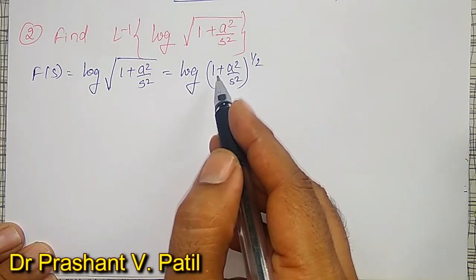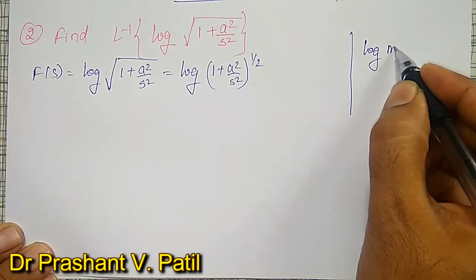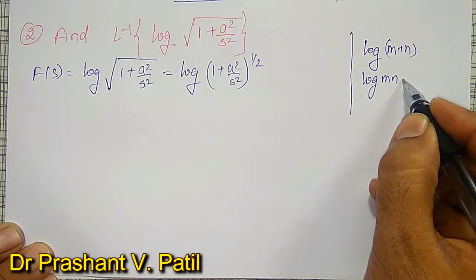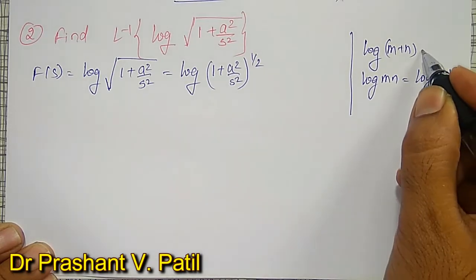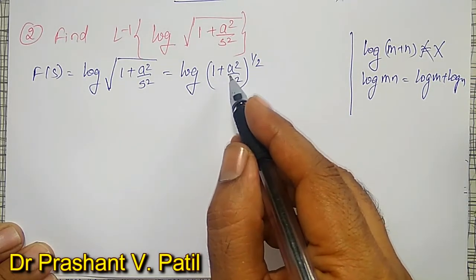And plus is there in between, therefore I don't have the property of log of m plus n. Don't be confused about this. Log of m into n is equal to log m plus log n, but I don't have such a property for this one. That's why I will take LCM and simplify this one.